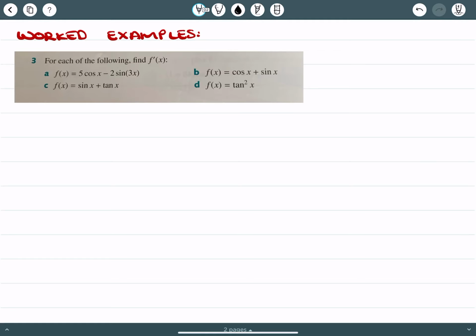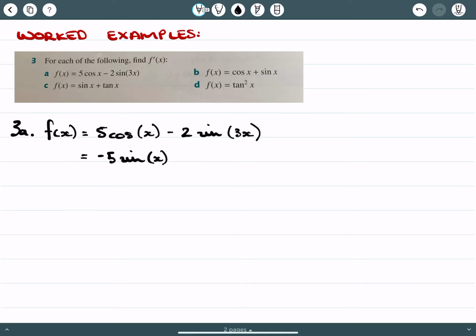All right, so now let's have a look at some worked examples. Here I have one question with 4 parts, and we're going to go through them all. For 3a, f(x) equals 5 cos(x) minus 2 sin(3x). I like to put brackets in, it just makes things a little neater. My expression for the first part is going to be negative 5 sin x.